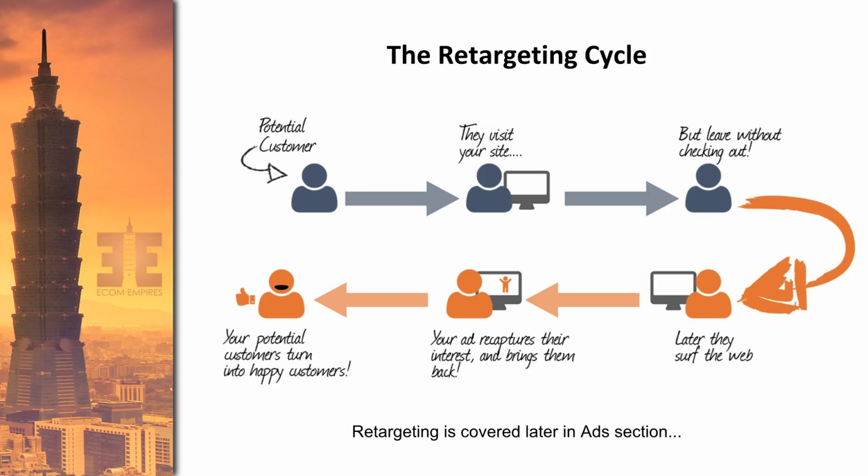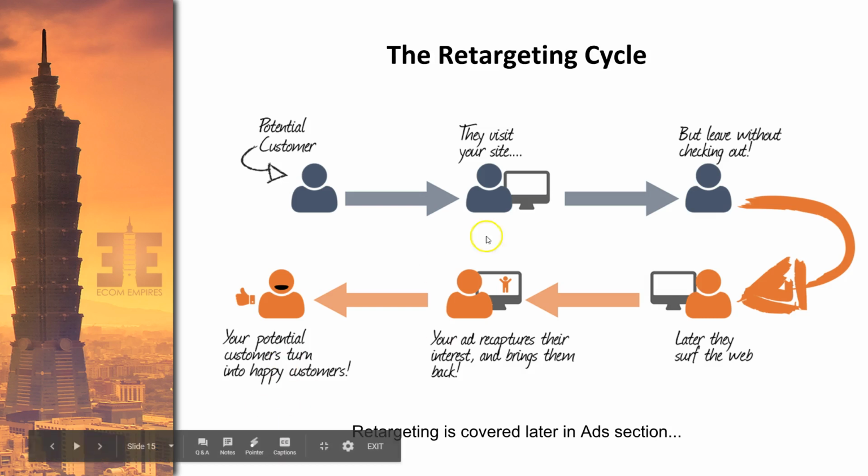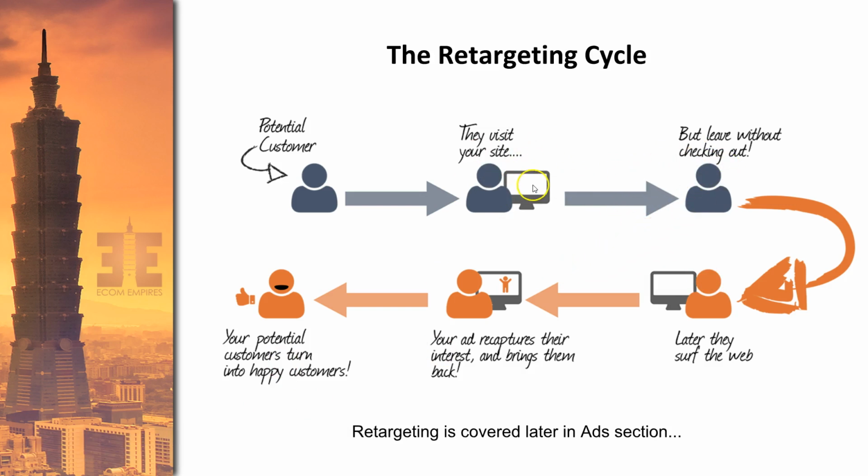Okay, this is a course designed to bring anybody at any level all the way through. So if you already know what it is, that's fantastic. But I want to make sure that nobody is left behind. So the retargeting cycle works like this, right? Somebody comes and they visit, and like I said, there will be a pixel or a tracking code that captures them when they're on your site, and that data is then shared back to the platform.